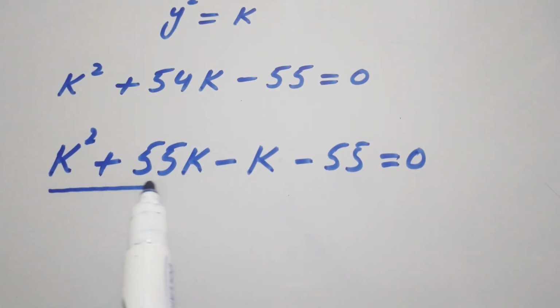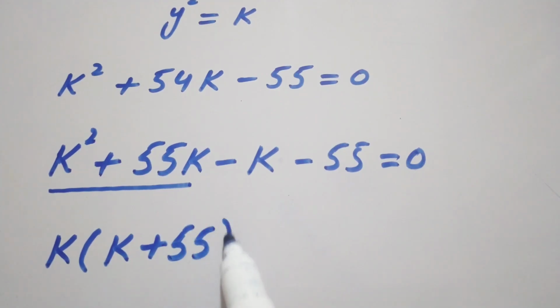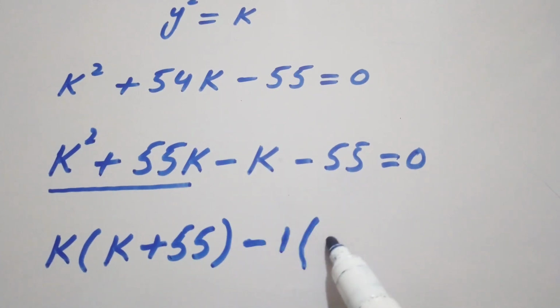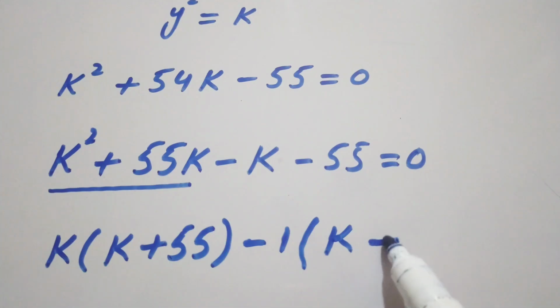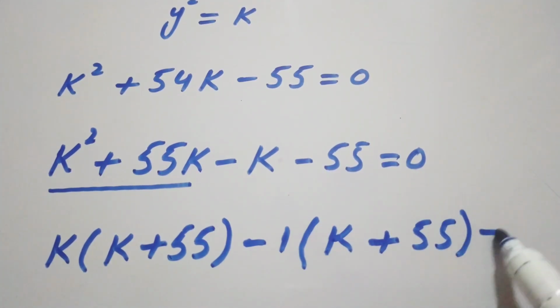Now take k common from the first two terms, so inside the bracket, k plus 55 will be left, and here we can take common as minus 1, and inside the bracket k plus 55, since minus into plus gives us minus 55, is equal to 0.